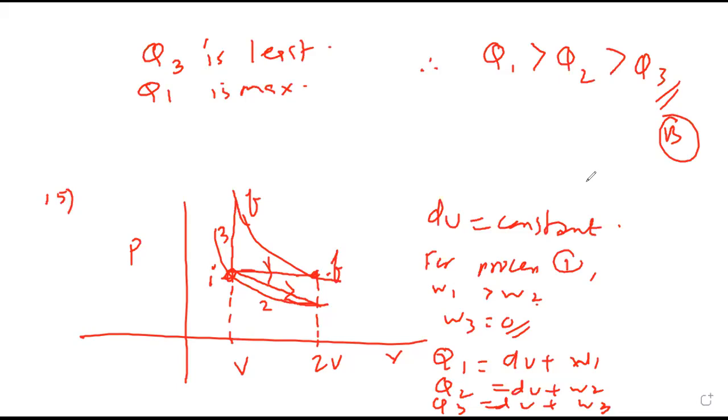Question 16. In a thermodynamic process with 2 moles of gas, 30 joule of heat is released. Released means plus or minus?